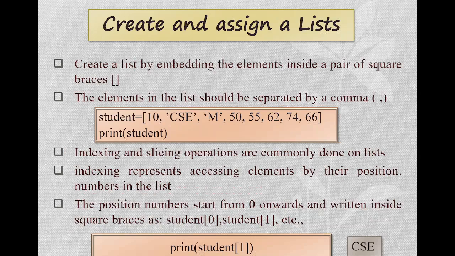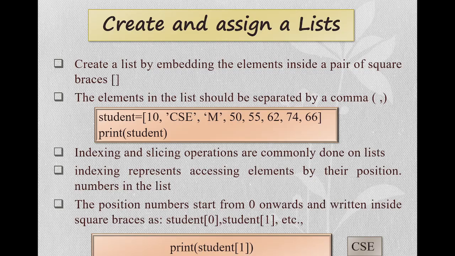So create a list by embedding the elements inside a pair of square braces: 10, CSE, M, 50, 55, 62, 74, 66. All the elements are separated and stored in a single list. The list name is student. So print of student will print all the values: 10, CSE, M, 50, 55, 62, 74, 66.